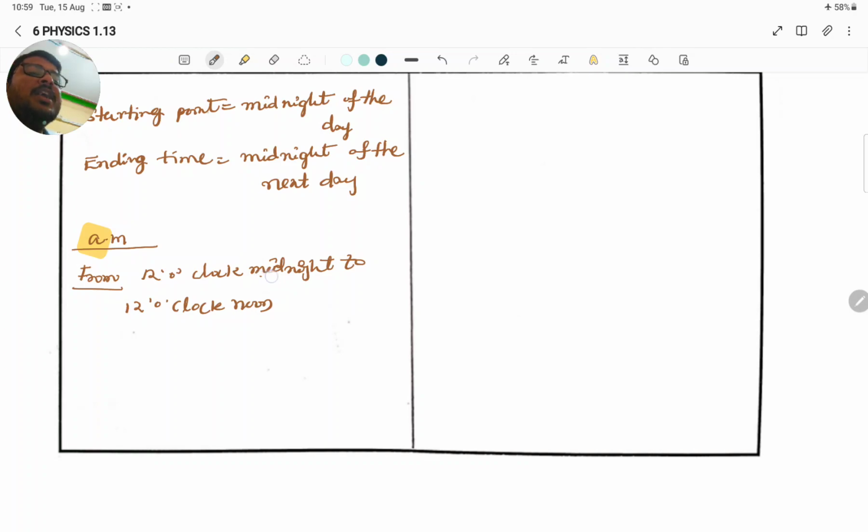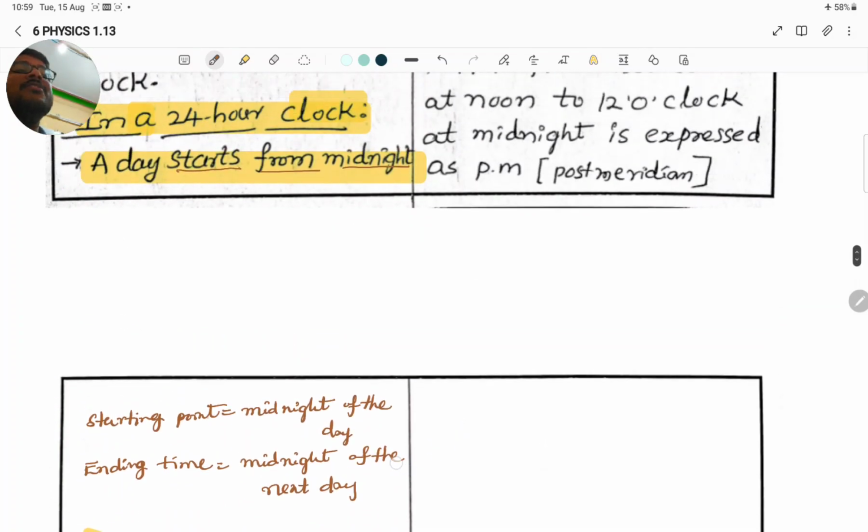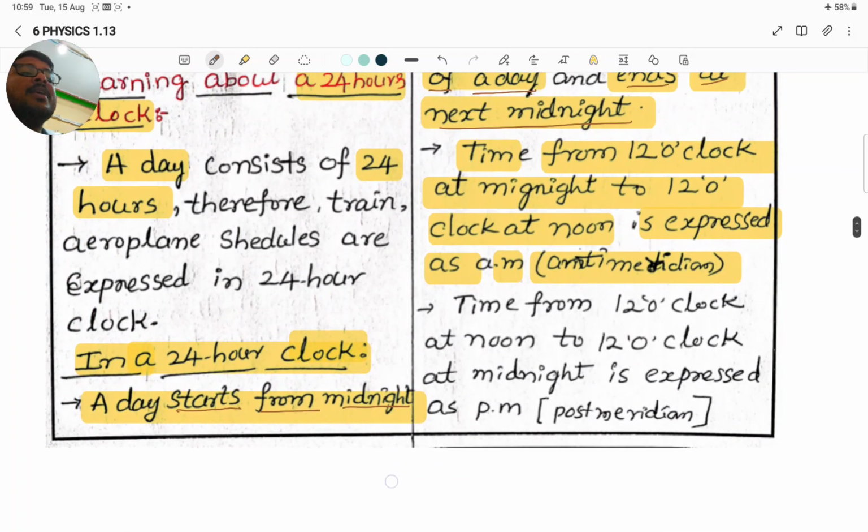From midnight 12 o'clock to noon 12 o'clock we express the time as AM, anti-meridian, in the 12 hours clock. Time from 12 o'clock midnight to 12 o'clock noon we express in AM in the 12 hours clock.